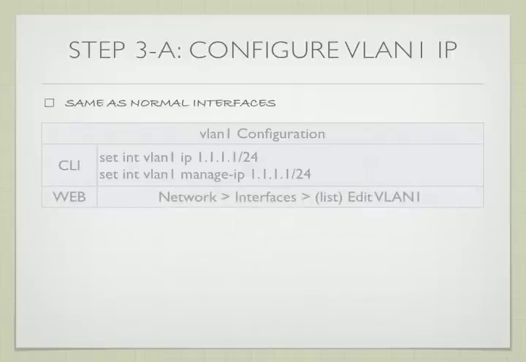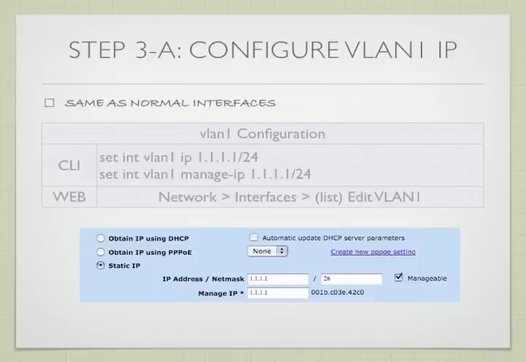In the web interface, it's again listing the interfaces and choosing edit next to the VLAN 1, and go ahead and fill out the form for the IP address, subnet mask, and the manage IP in the web interface. Again, this is exactly the same as the procedure you use for layer 3 operations.